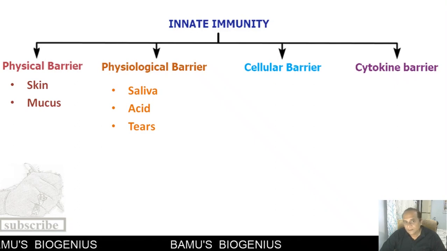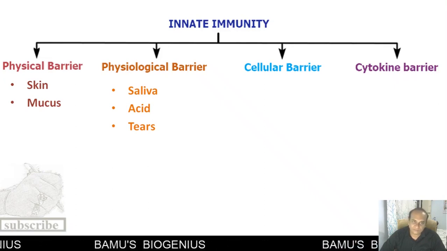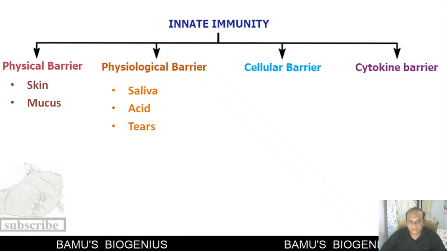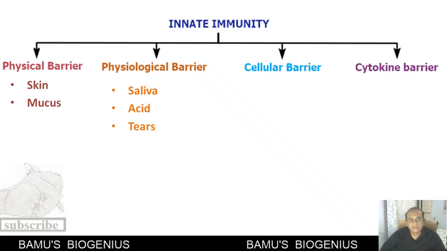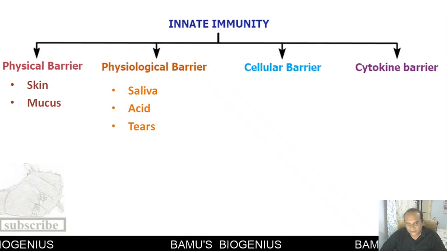Then another physiological barrier is tears. As we already know, tears also contain lysozyme. So if any bacteria tries to enter our body through the eyes, the lysozymes present in the tears will take care of it and kill that bacteria.